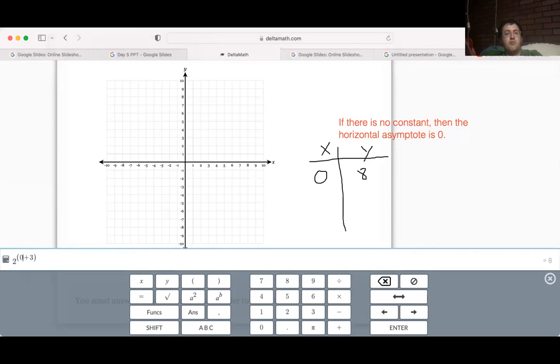Then I'm going to try 1. So 1's going to get me 16. Now notice that 1 is off the graph. The graph doesn't go up to 16, so we may want to go in the other direction. So I'll do -1. That's going to get me to 4.